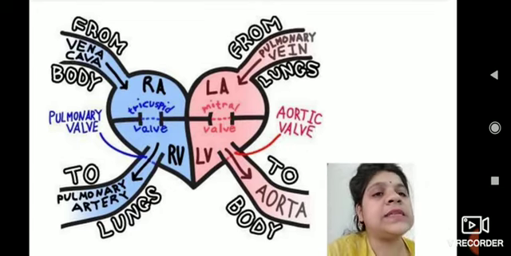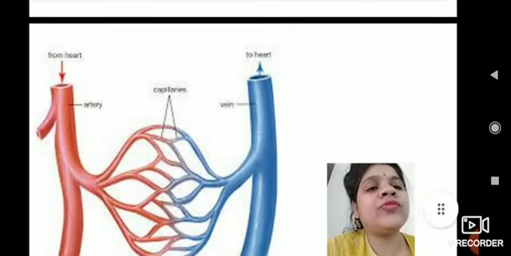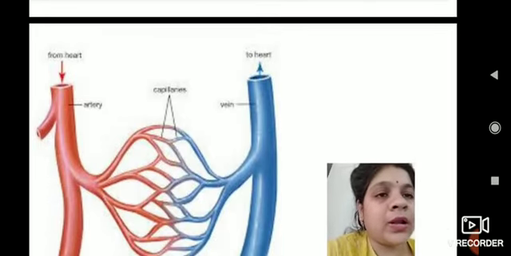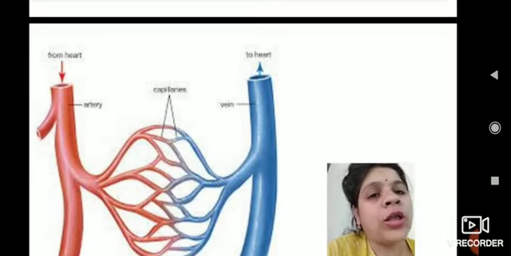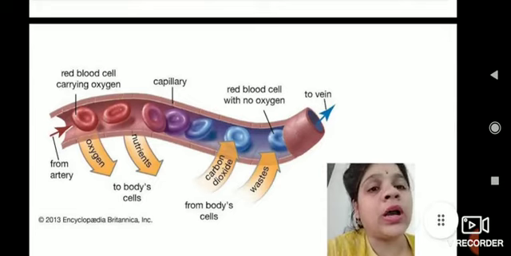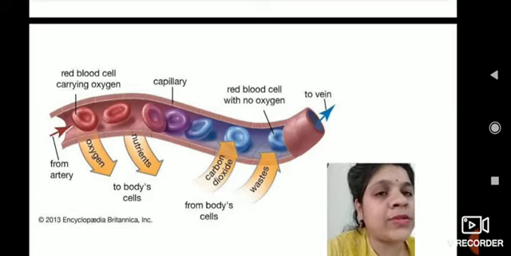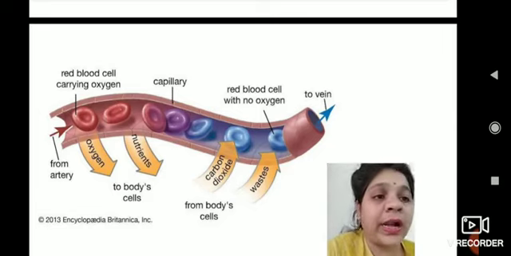This is the circulatory system. When the blood moves from the arteries to the body organs, capillaries, the exchange of what? Oxygen and nutrients takes place. The oxygen and nutrients are diffused to the body cells from the arteries.